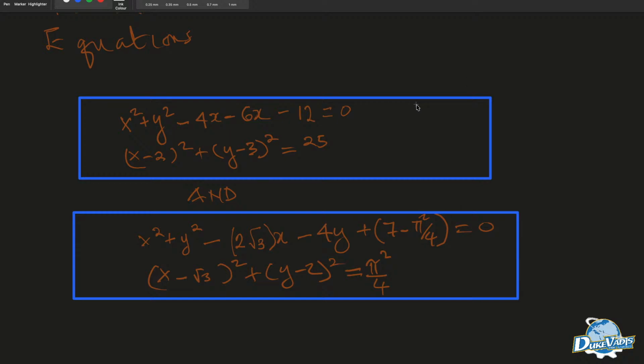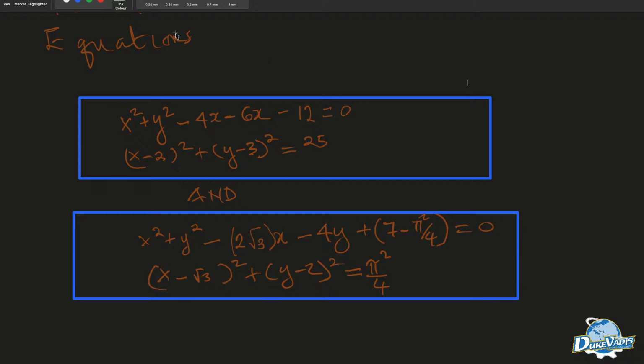We also realize that if we have x squared plus y squared minus 2 times 3x minus 4y plus 7 minus pi over the square root of 4 equal to 0, it's the same as writing the second equation.